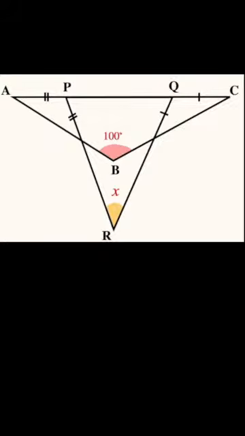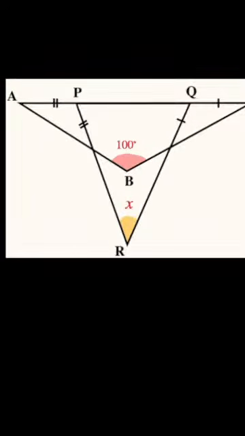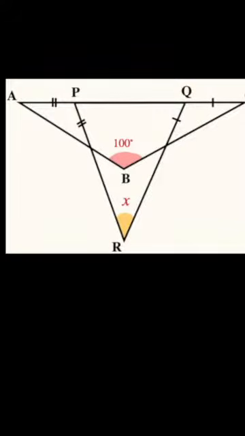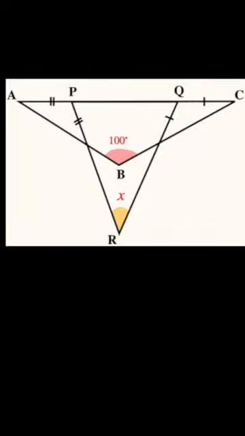Morph, don't assume that BA is equal to BC. PR is not equal to QR.